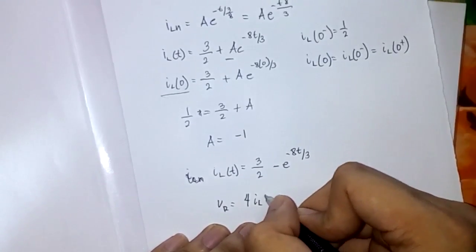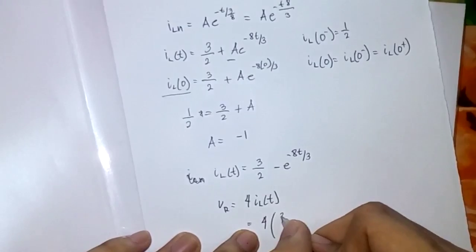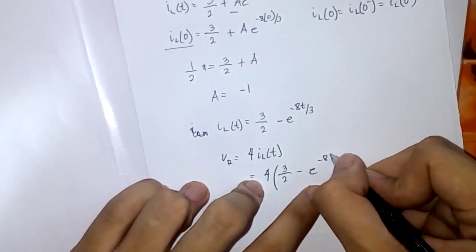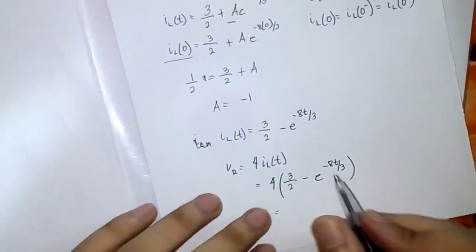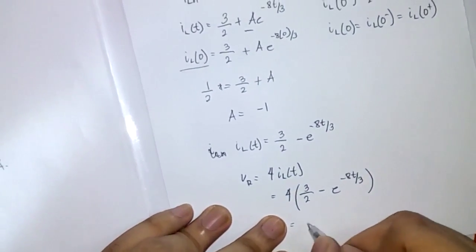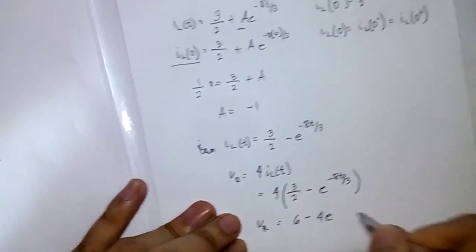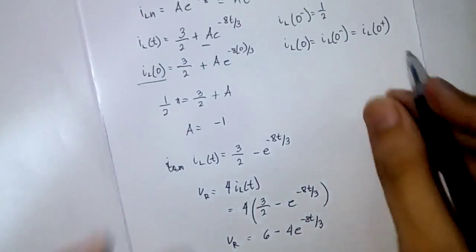And VR is just equal to 4 times IL of t, which is equal to 4 times 3/2 minus e to the negative 8t over 3, which is equal to 6 minus 4e to the negative 8t over 3.